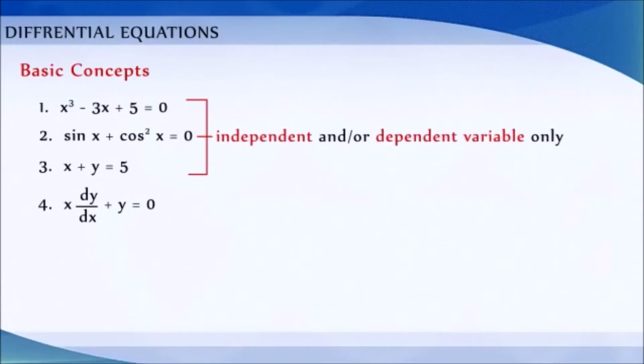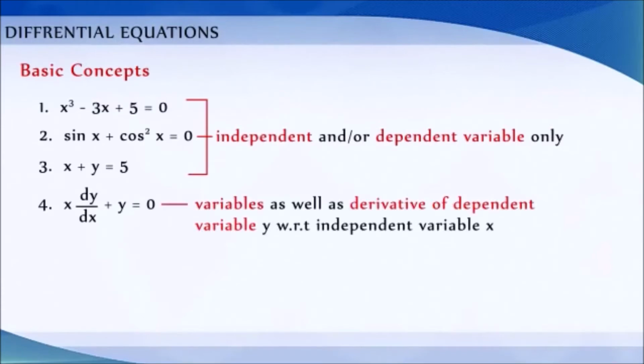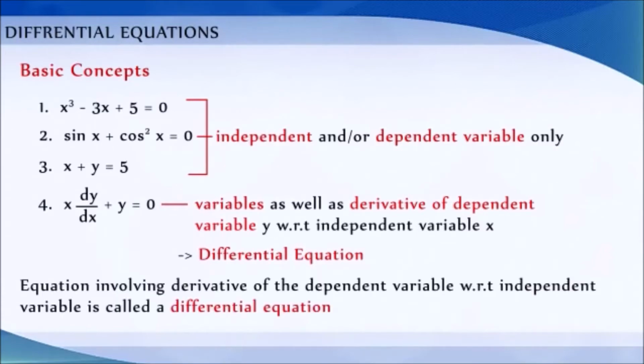But the last equation involves variables as well as the derivative of the dependent variable y with respect to the independent variable x. Such an equation is called a differential equation. In general, an equation involving the derivative of the dependent variable with respect to the independent variable is called a differential equation.